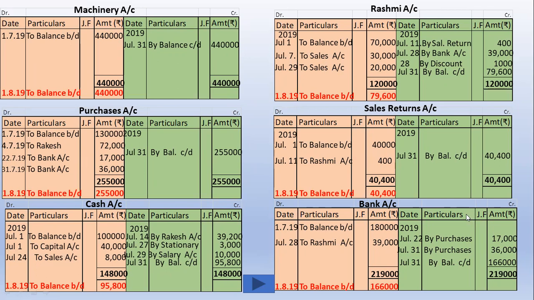Thereafter, these red color debit figures are to be posted to trial balance. See all these red color figures: machinery, purchases, cash account, Rashmi account, sales return account, and bank account. All these debit figures should be posted in trial balance debit side.